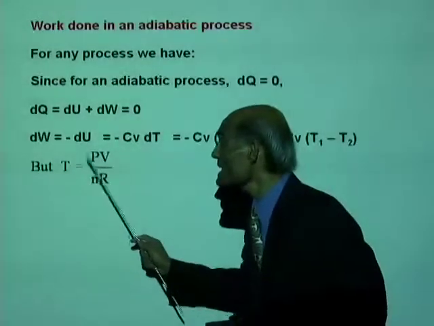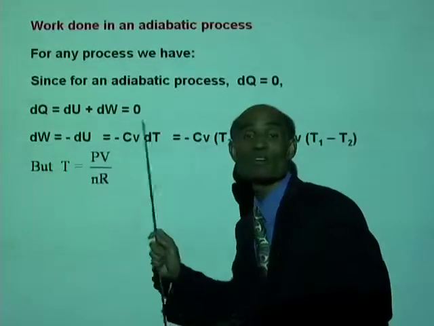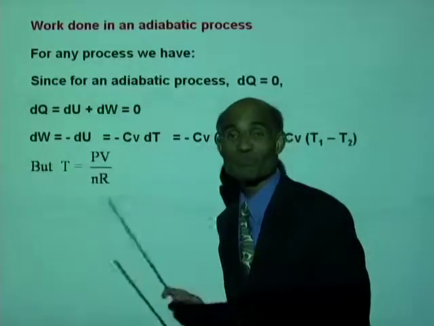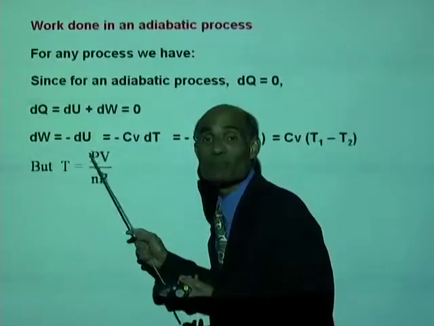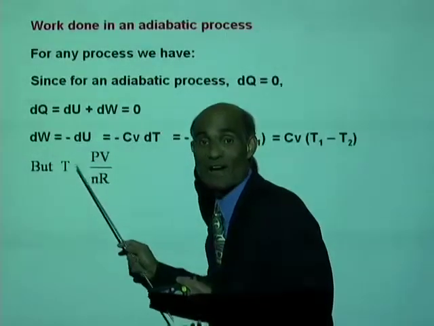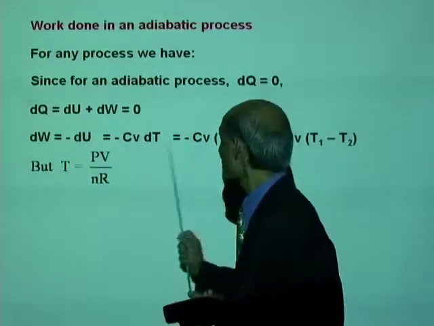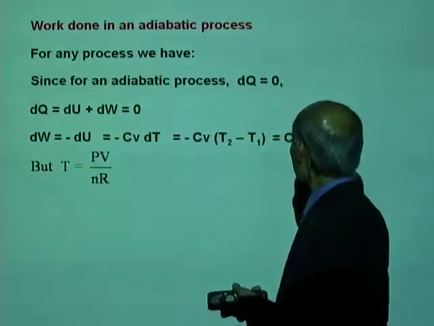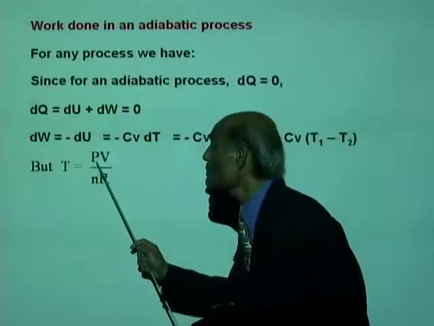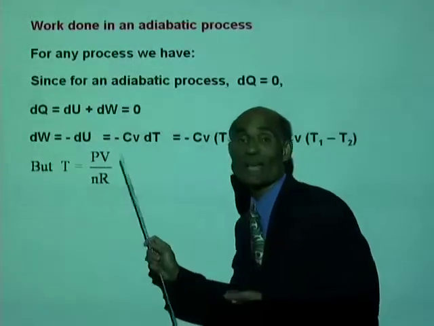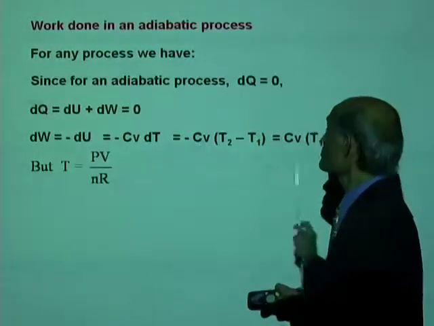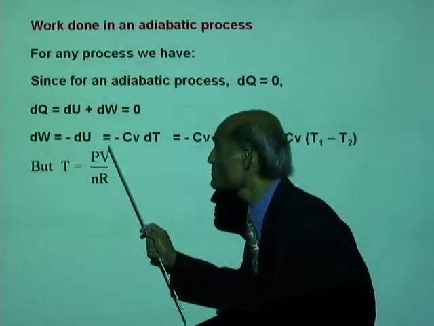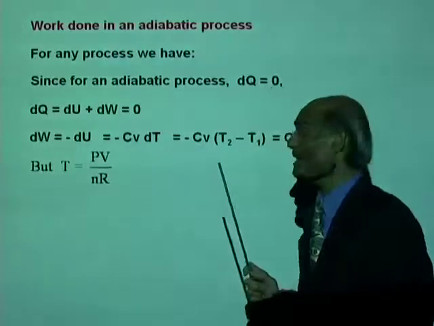But T equals PV over nR, from the equation of state, PV equals nRT. And so T1 can be written as P1 V1 over nR, and T2 can be written as P2 V2 over nR.